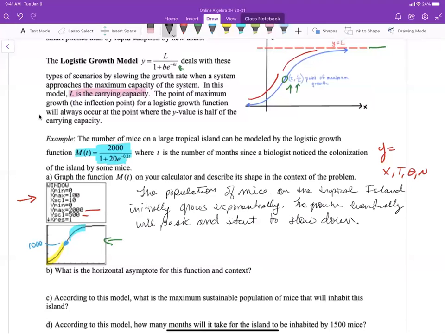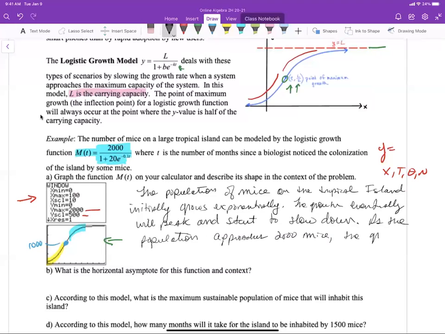Okay, now as that population approaches 2,000 mice, what happens to the growth rate?